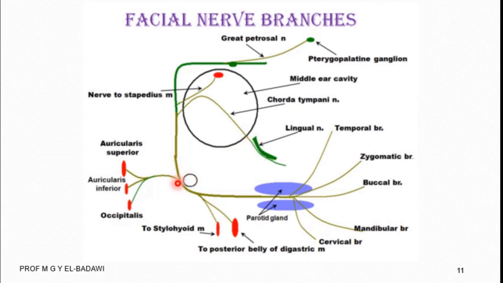Then, as it comes out from the stylomastoid foramen, behind the ear it will give the auricularis superior and inferior and the occipitalis muscle, then the stylohyoid muscle and the posterior digastric, to enter the substance of the parotid, where it terminates by five branches: the temporal, the zygomatic, the buccal, the mandibular, and the cervical. That is the summary of the branches.